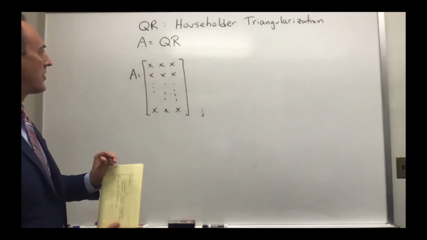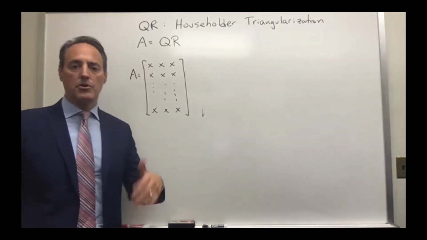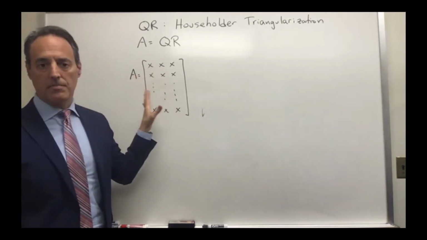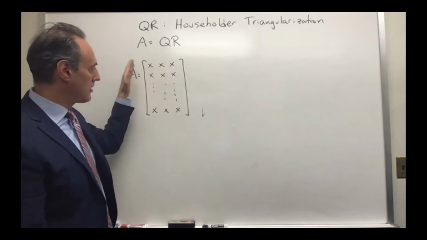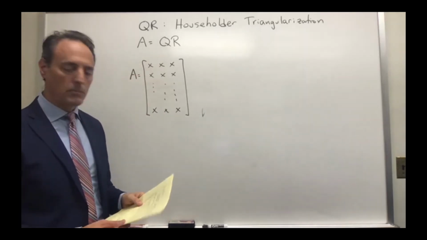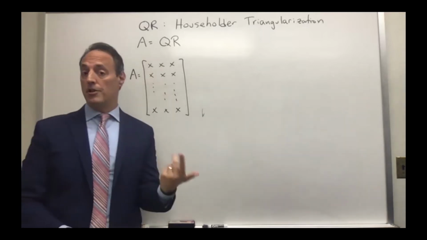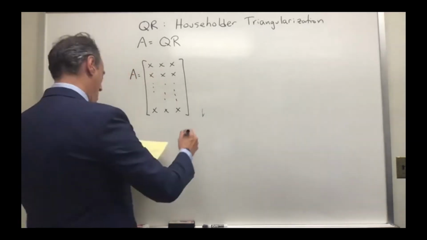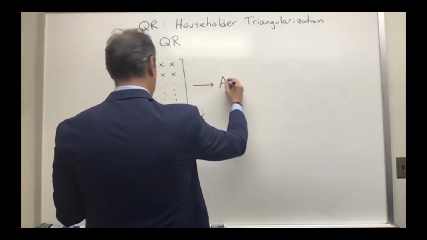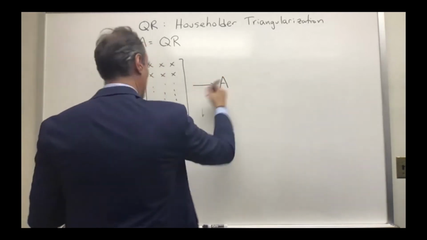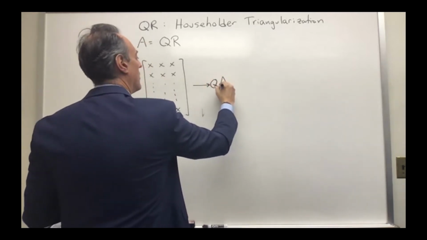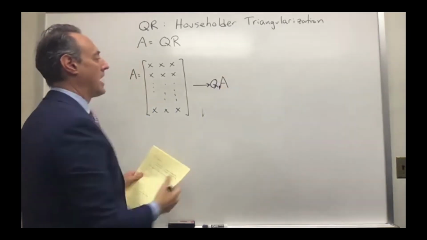And what I want to do with this is I want to start producing a set of matrix multiplications on this matrix A that's going to start to make this look upper triangular. So here's the goal of what we're going to do. The first thing we're going to do is say, what happens if I have the first matrix Q1 times A?